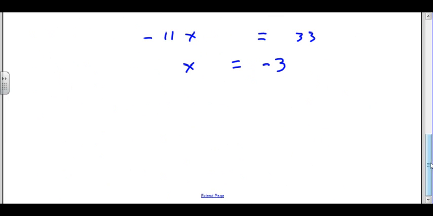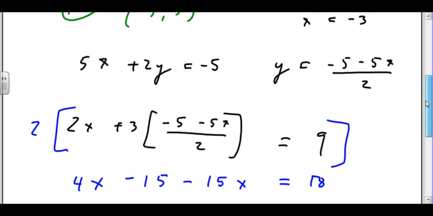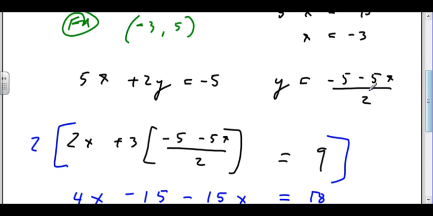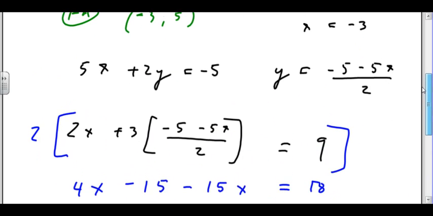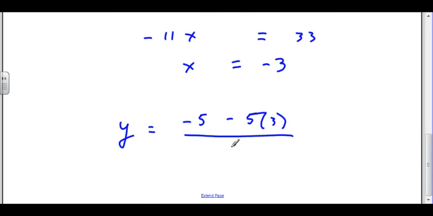Okay, now that I have x is equal to minus 3, I put that back into my y equation and say y is equal to minus 5 minus 5 times minus 3, divided by 2. All right, well, 15 minus 20 is minus 10.